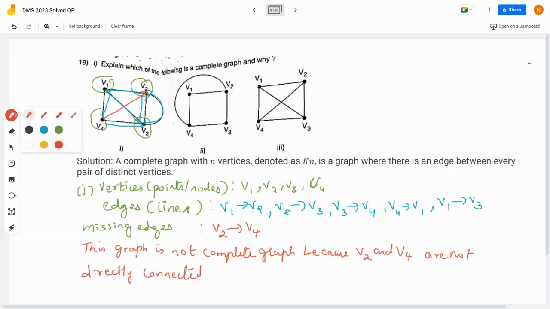We'll check with the second one now. Second diagram, for the second one, vertices we have V1, V2, V3, V4. 4 vertex.